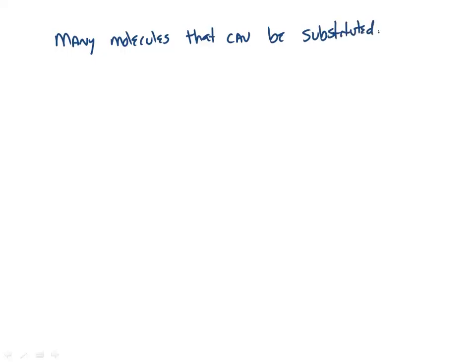Okay, now what we can do is we can extend on substitution, meaning that there are many compounds that can be substituted. But the idea is that they're all the same reaction. So if you remember substitution reactions, then you've mastered these other 2 reactions before we even show them to you.